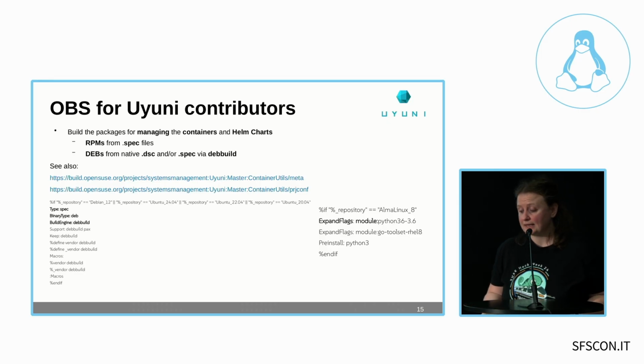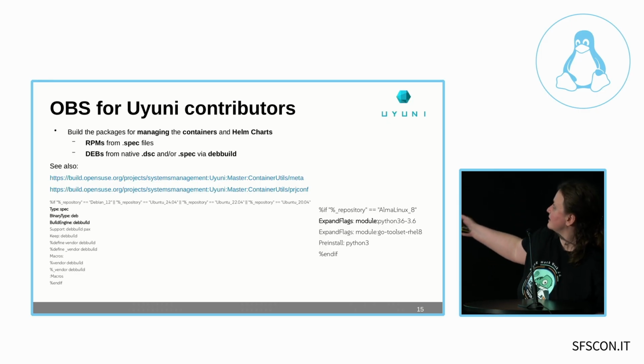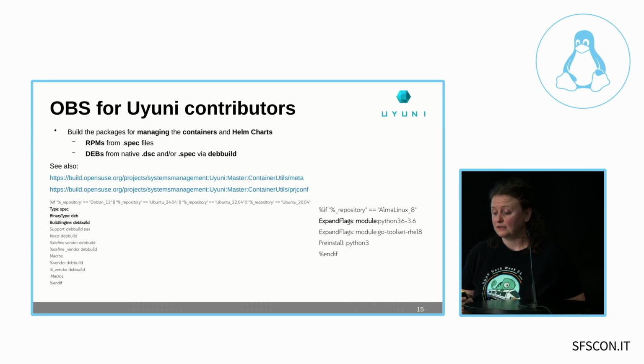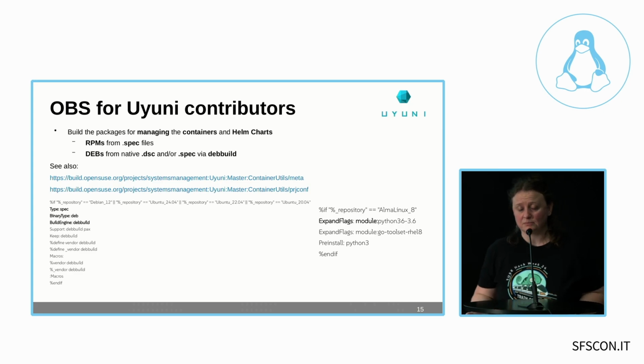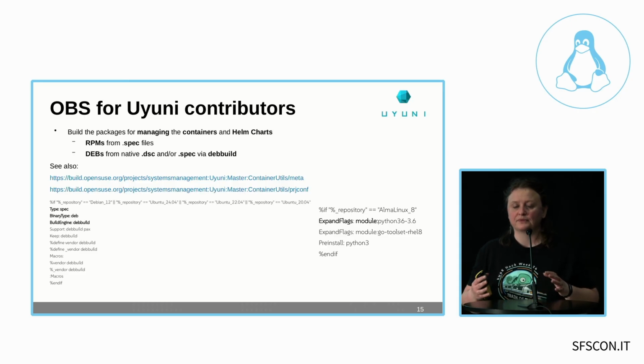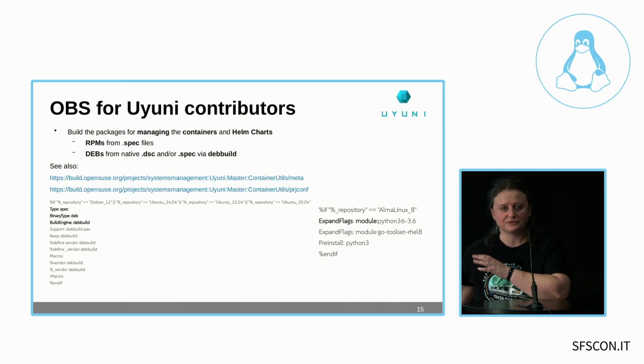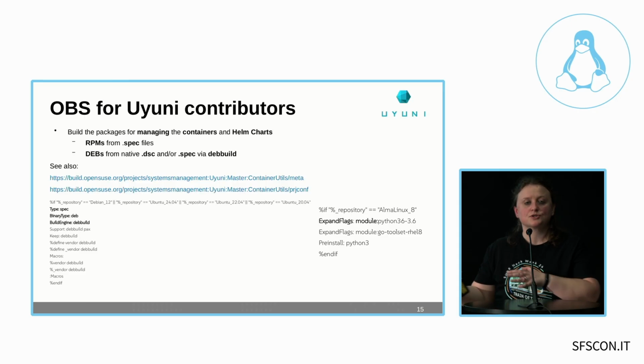There are some special cases where, and this one is the example of Alma, you want to use upstream modularity. So this modular way to define parallel streams of packages that should be available.